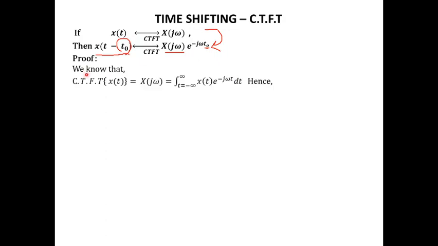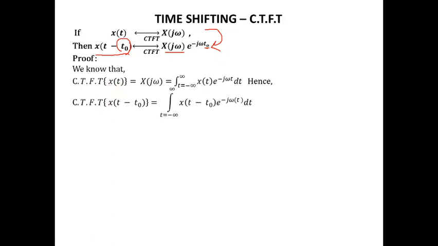So we know very well that the continuous time Fourier transform of x(t) is nothing but X(j omega), which is equal to integration. So this formula we know. Now what we want is the continuous time Fourier transform of x(t minus t naught).